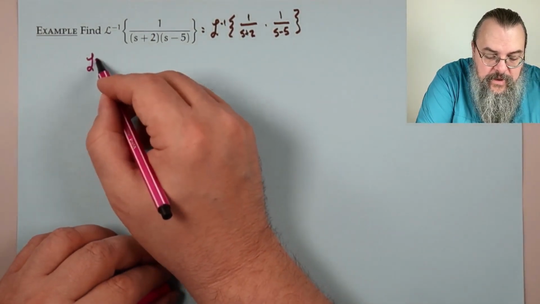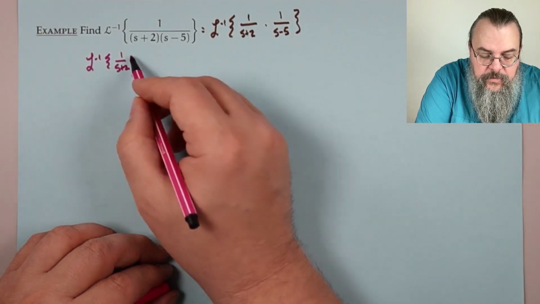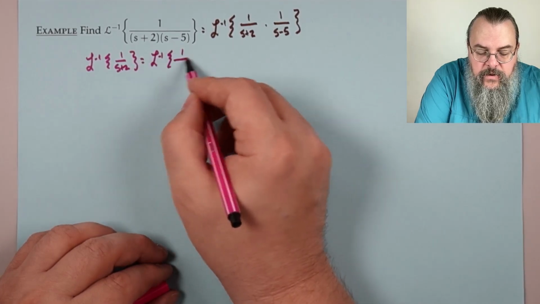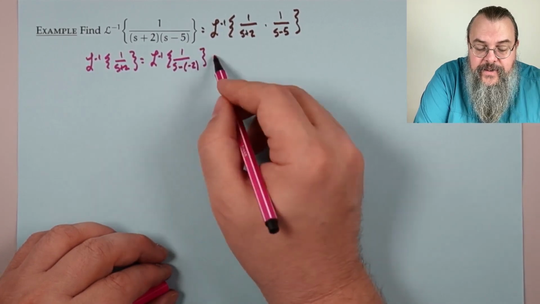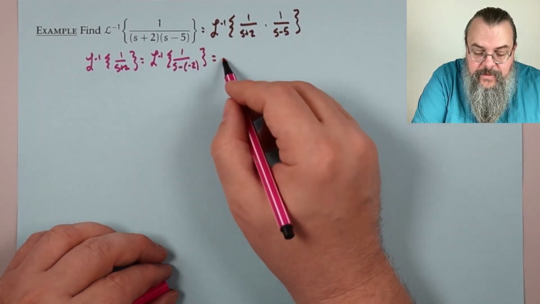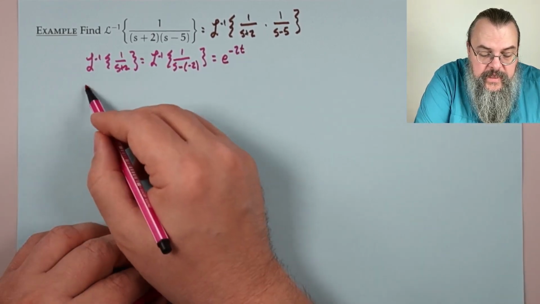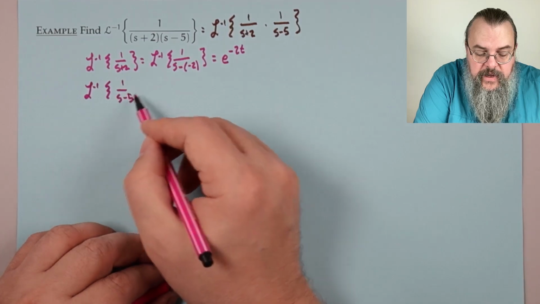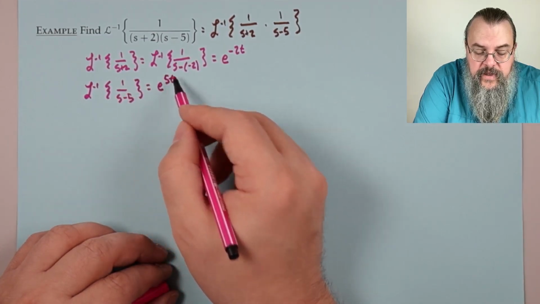So the inverse Laplace of 1 over s plus 2, that's the same as the inverse Laplace of 1 over s minus 2. All right, just setting ourselves up. So this becomes e to the minus 2t. And the inverse Laplace of 1 over s minus 5, well, that's e to the 5t.